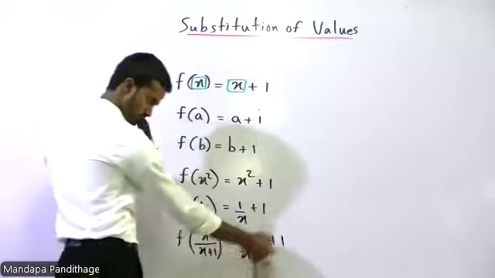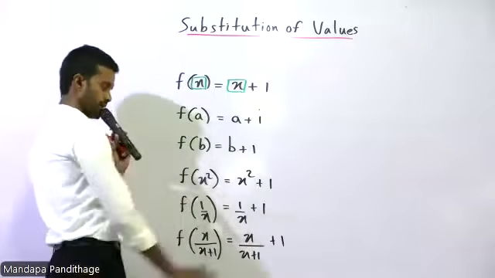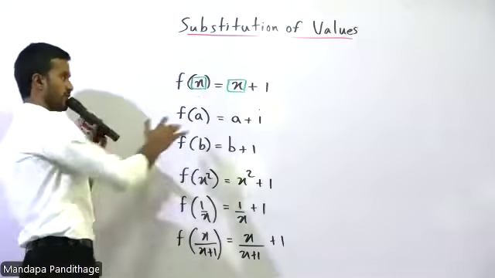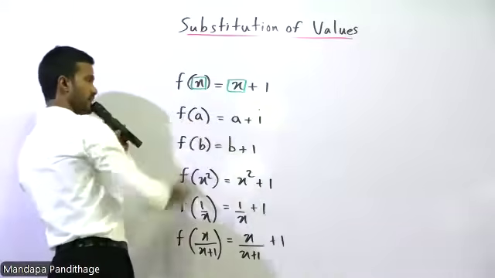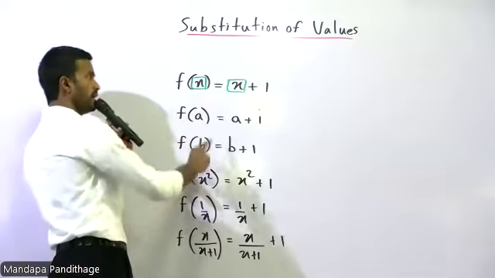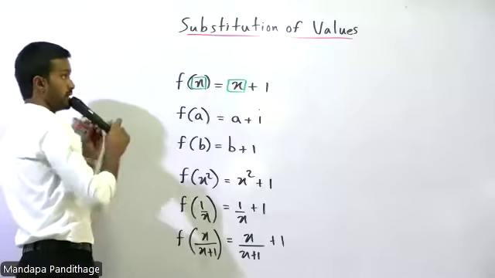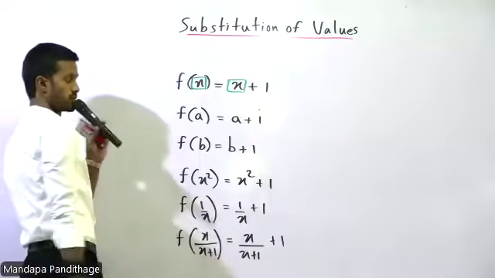You can simplify it if you want, but what I want you to understand is whatever we replace this x by, any term or variable, that should be replaced here too. That is what we consider substitution of values in a function.